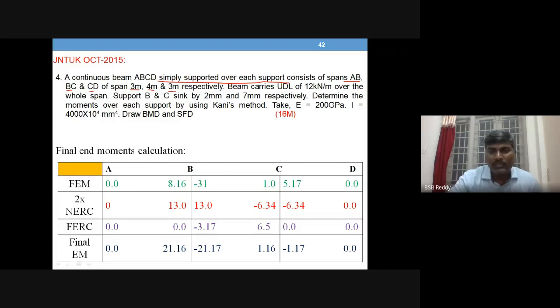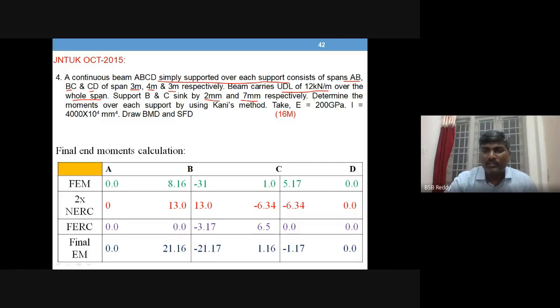The beam carries a UDL of 12 kilonewton per meter over the entire span. Now supports B and C sink by 2 mm and 7 mm. Support B is sinking by 2 mm, support C is sinking by 7 mm.